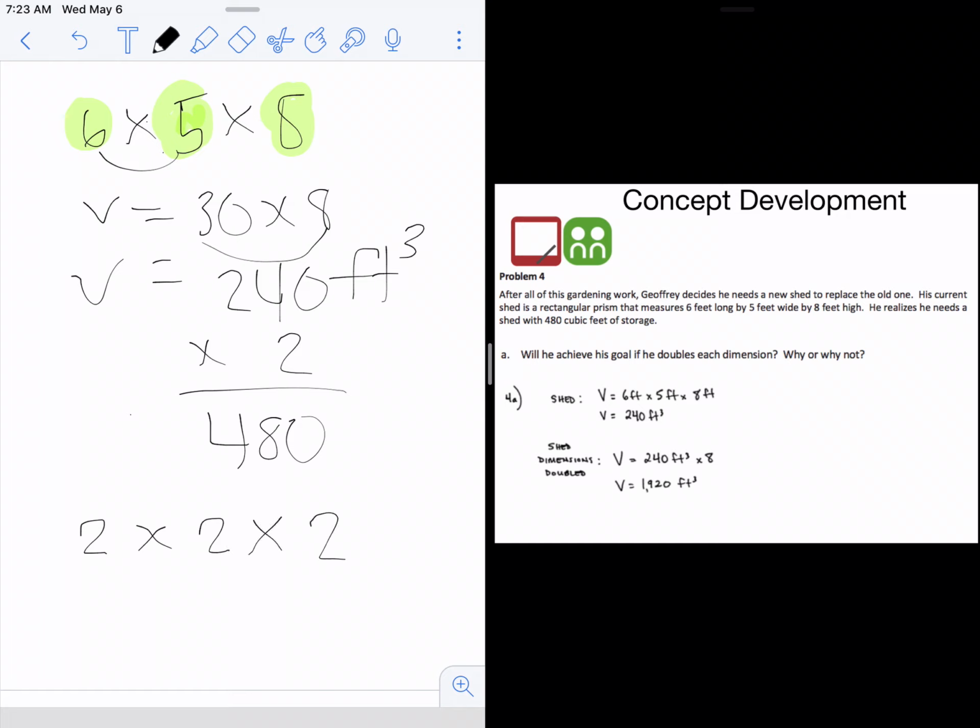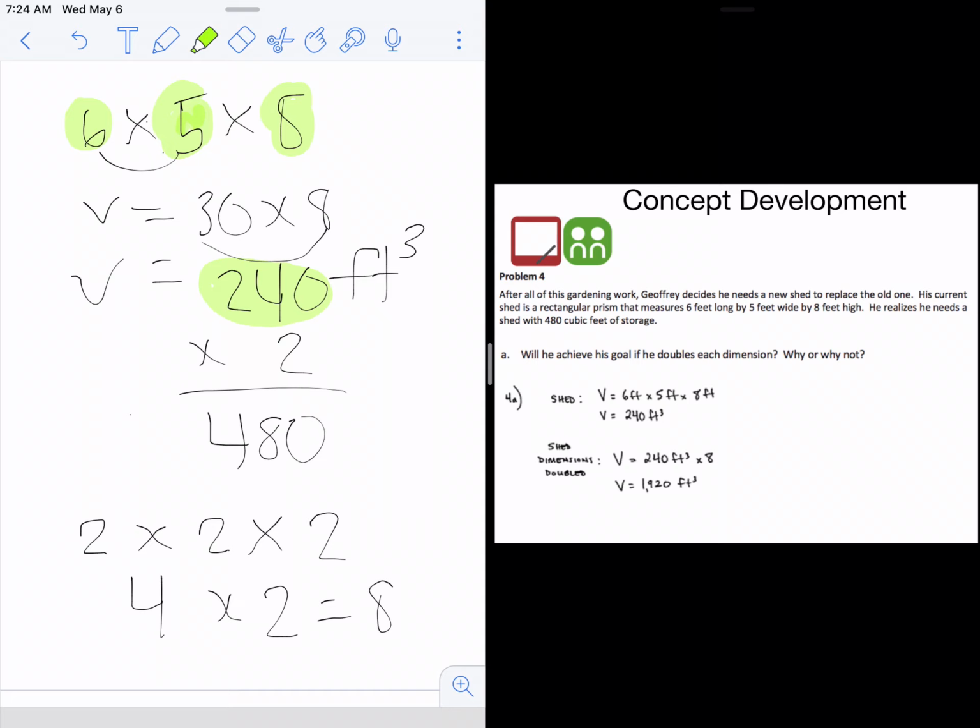He's doubling them. So we're going to take this answer, 240, and the reason why you see over there it says times 8 is because each dimension is getting doubled. 2 times 2 times 2. 2 times 2 is 4 times 2, which is 8.